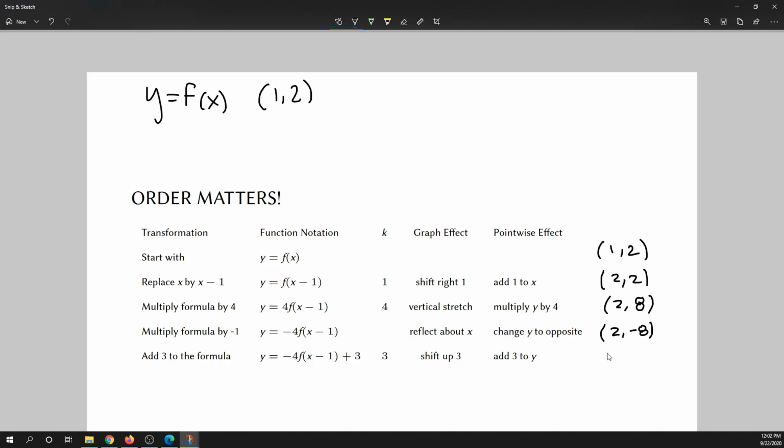And this one would have added 3 to the y value, so negative 8 plus 3 would be a negative 5. All right, so the point at 1, 2 would have gotten moved to 2, negative 5 by making all of these transformations.